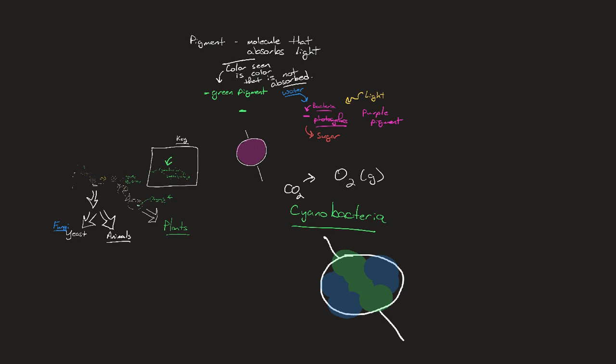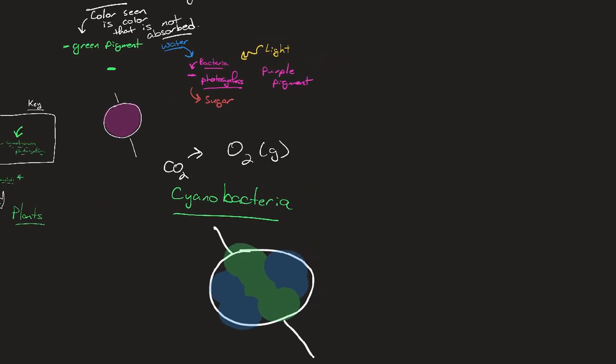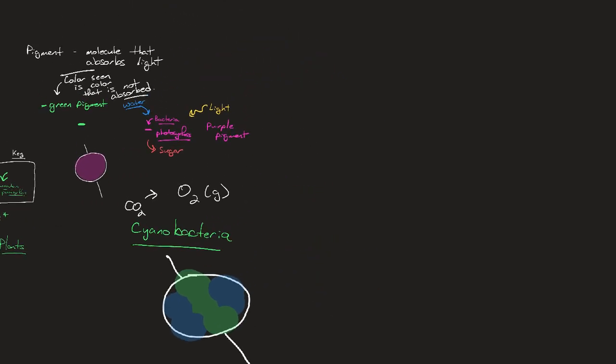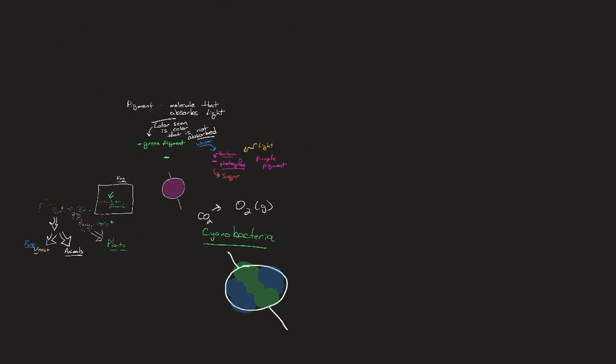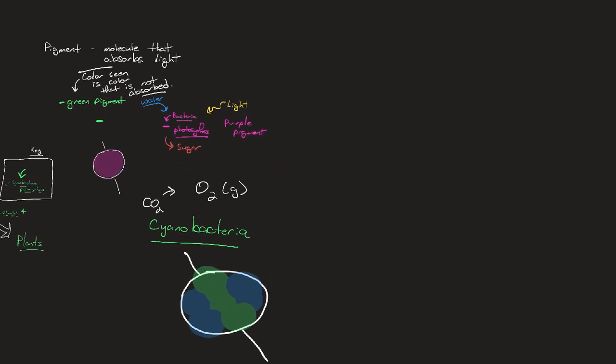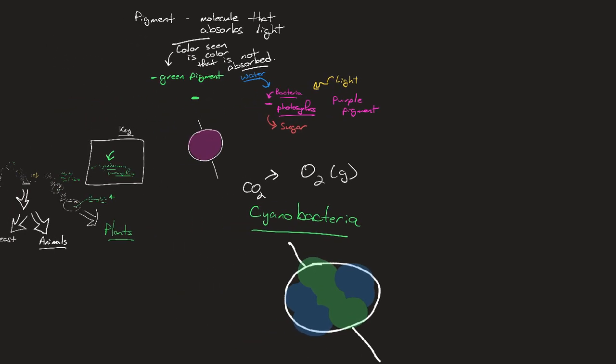We know that because we can look at the rocks and we know what happens when you put iron in the presence of oxygen. Anybody that has a car in Cleveland knows what happens. It rusts. So that's pigments. Cyanobacteria changed the world.